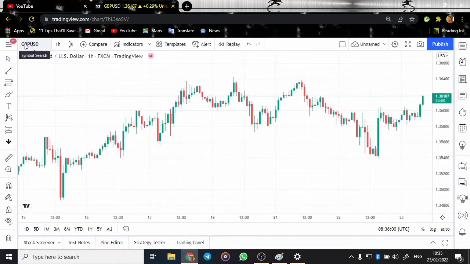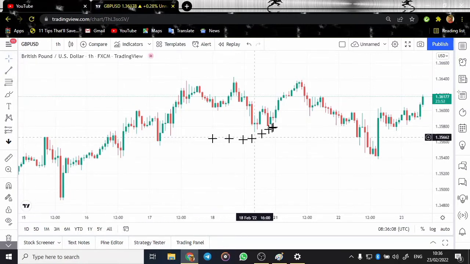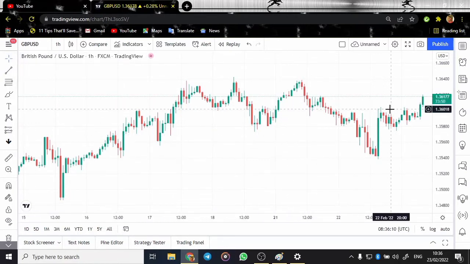Currently, as you can see here, 1 British pound is 1.3616. Remember, ignore the 5th decimal place, that one doesn't matter at all.